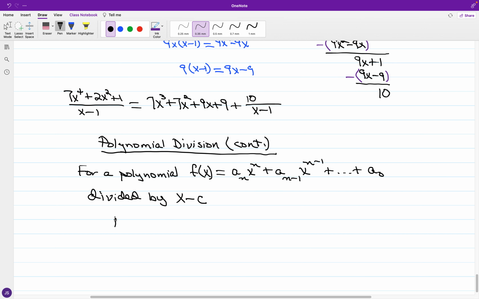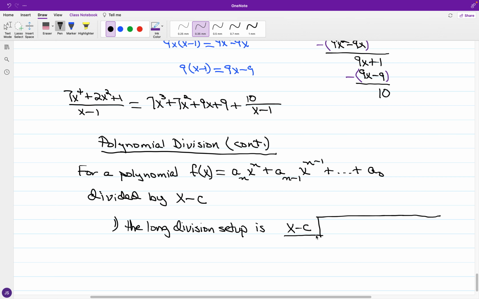Okay, first of all, we have the long division setup. So we have x minus c as the divisor.